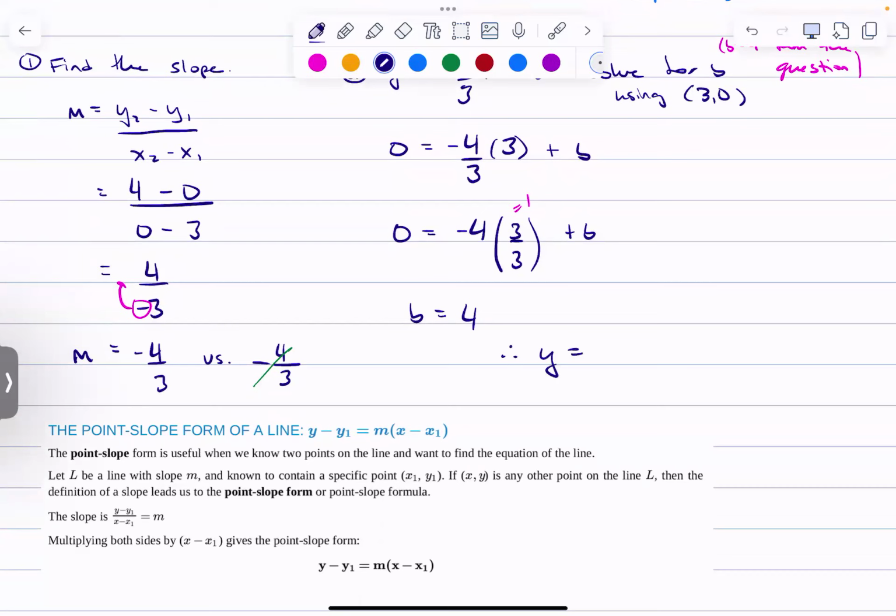Therefore, y equals negative 4 over 3x plus 4. Hopefully you've seen the 3 triangle dots, which is shorthand for therefore. I suspect I've been using it already quite a bit. Just caught myself.